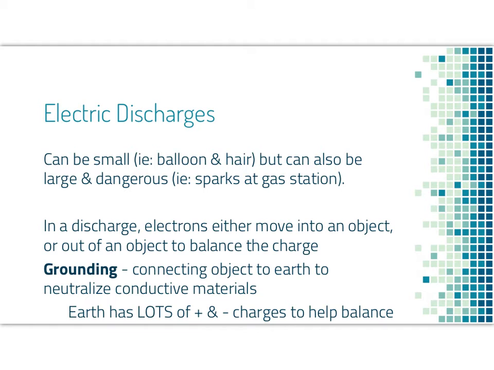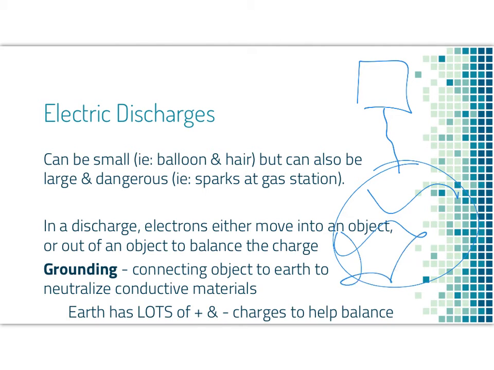Grounding is a way that we connect objects to the earth to neutralize conductive materials. Earth has lots of positive and negative charges to help balance. So if something is connected to earth with a cable, and this is our earth, so we're connected to the ground through a cable, then any time we are building up any sort of charge, the charge immediately moves through the cable towards the earth.